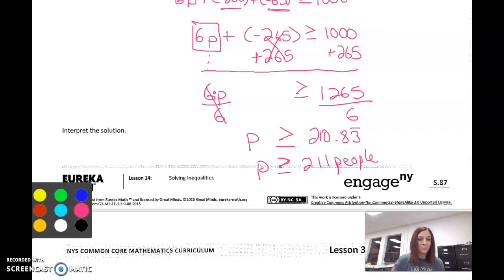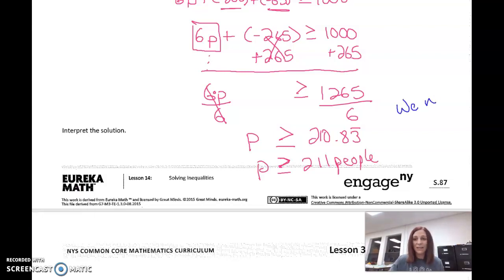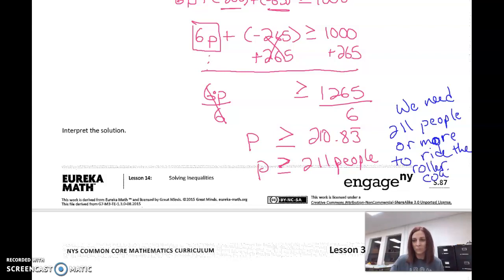Or you can say we need 211 people or more to ride the roller coaster. Let me squeeze that in, right? Okay. Because 210 is going to leave us short because we need more than 210. We've got to round that up, so we have to go to 211. How bad does that sound?